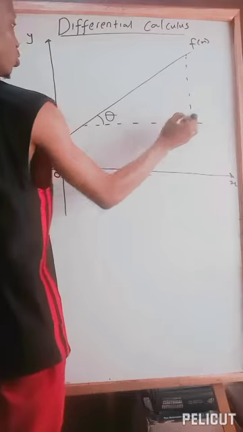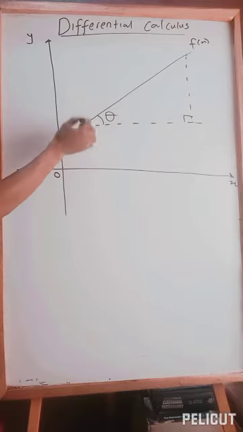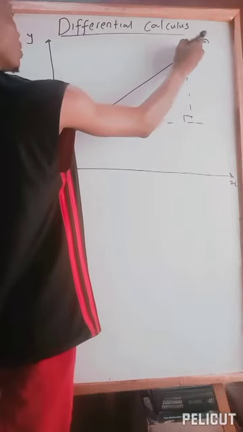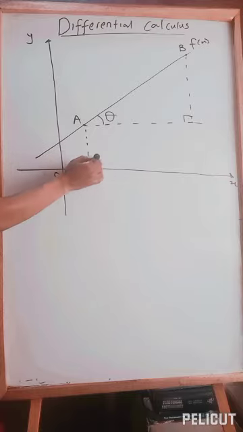Once we know the angle here, we can find the slope. The slope is just the tangent of the angle this line is making with the horizontal. So this gives us a right angle triangle. Let's call this point A, and let's call this point B.